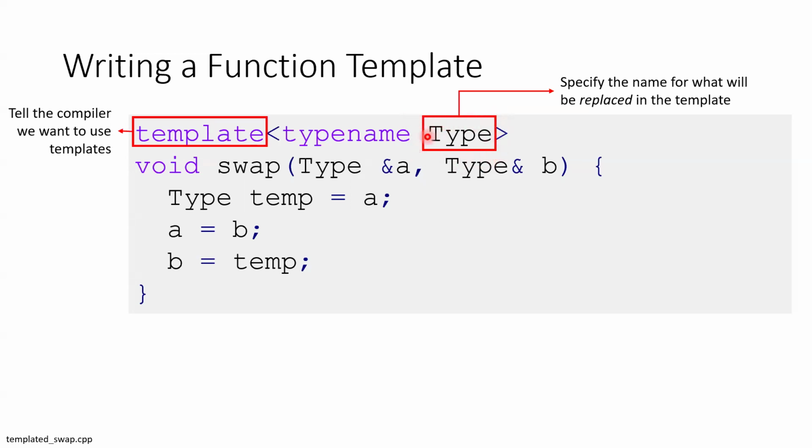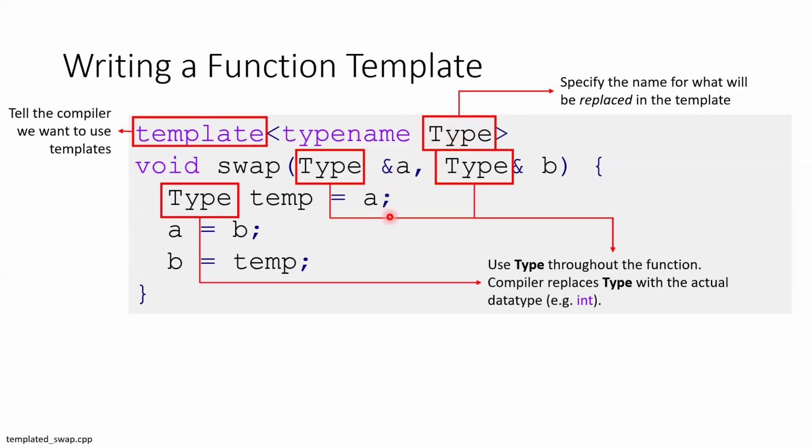This is a general name that you're giving to the type. And then afterwards, when the program is compiling, the compiler will search in the piece of code right after the template keyword, the template statement, and replace the type name with whichever data type it's actually using.